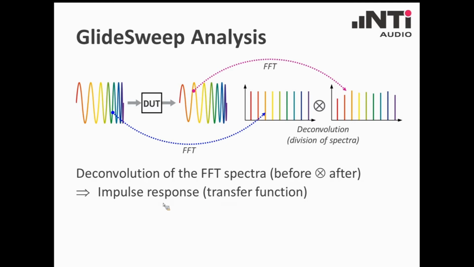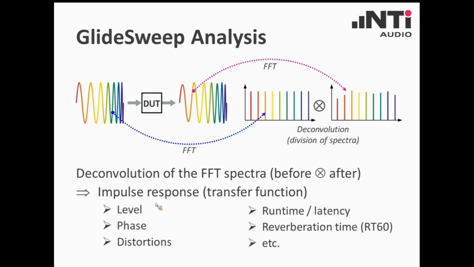And this impulse response now is the base to a wide number of different results. First, we have the standard results like level, phase, distortion, and so on. But, and that makes the beauty of GlideSweep analysis, we also receive more advanced information like the runtime or latency, or the reverberation time of the transmitted signal.